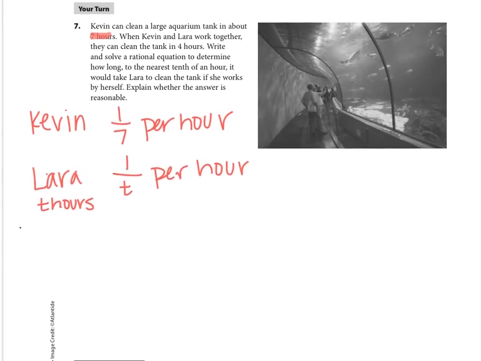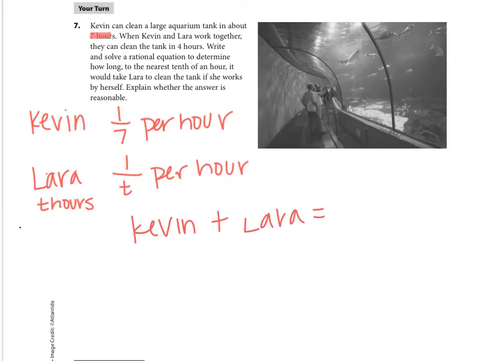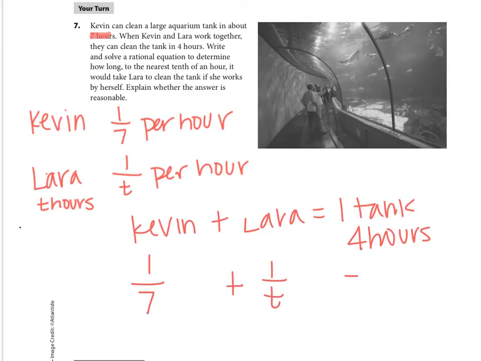So what we do know is that together, Kevin plus Laura can clean the whole tank in 4 hours. So if this is our rate, 1/7 of the tank per hour, then Kevin's rate plus Laura's rate is going to have something to do with 1 full tank.